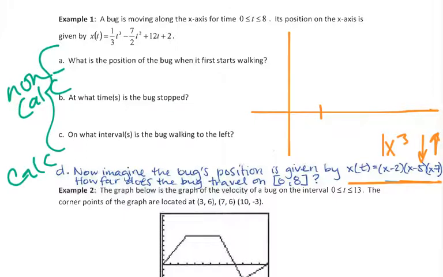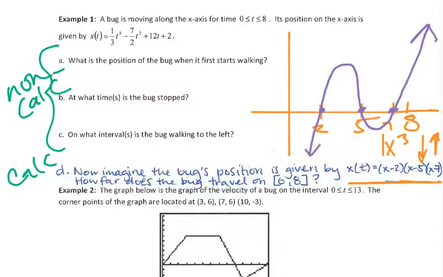So I'm going to draw in 2, and mark this as 2, 5, 7, and 8. We know we have x-intercepts at 2, 5, and 7. So our graph is going to look something like this. Right? This is just an approximation. It's going to look something like that.